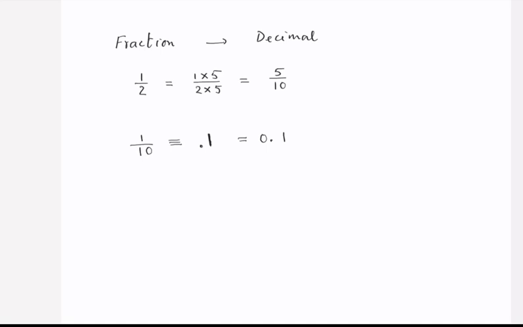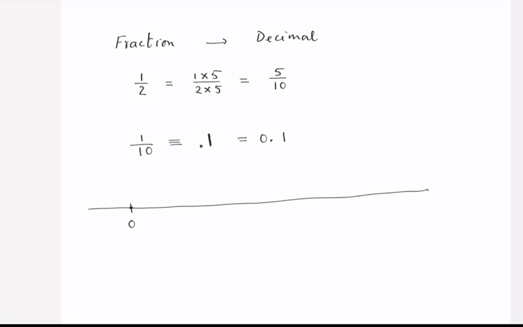Okay. With this done, to go further, there are two ways. One is to start with a number line. So let me draw a number line like this. Let me mark this point here as 0.